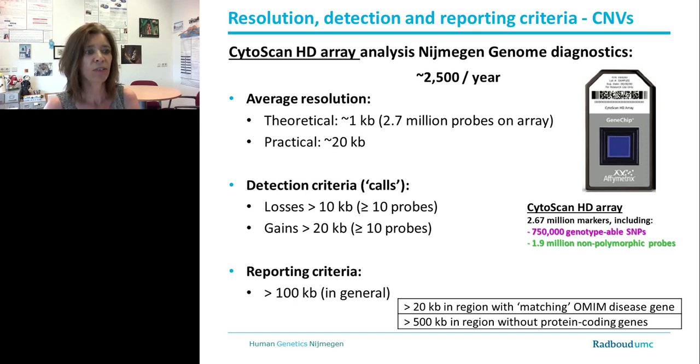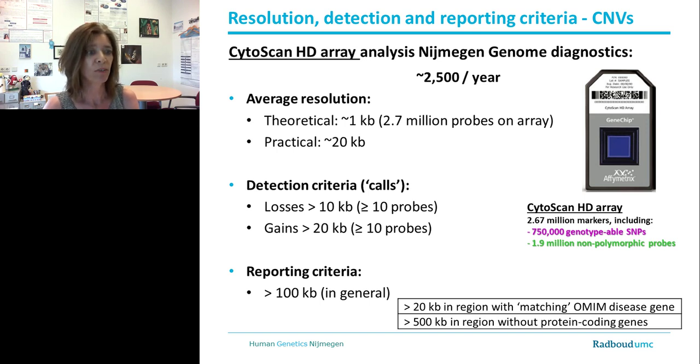The detection criteria that we use in our lab is that we have losses at least 10 kb in size with at least 10 probes, for gains 20 kb in size, and again, more than 10 probes.